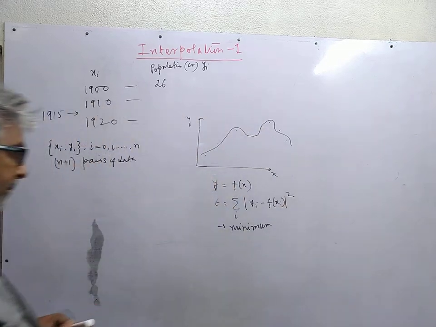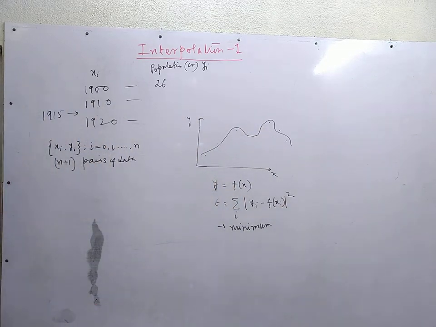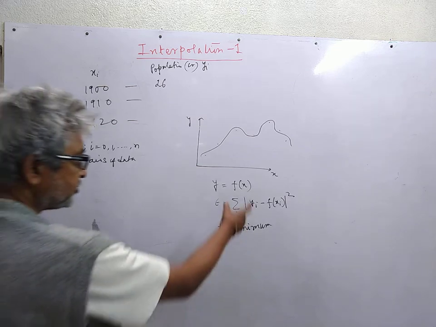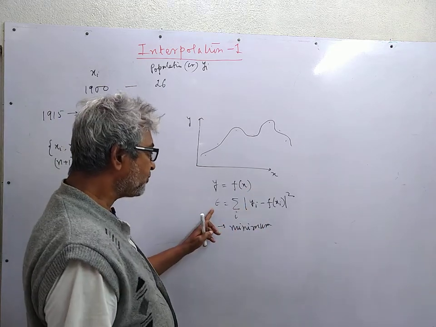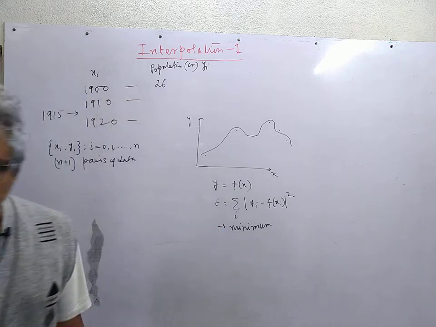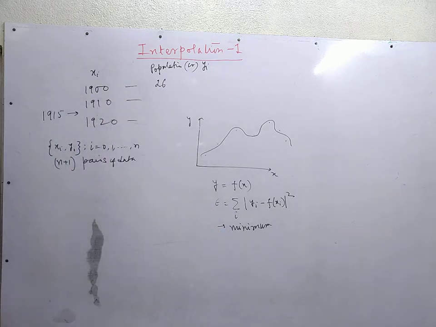This is the principle of curve fitting, and we have heard about the least square fitting technique, in which the parameters of function f are adjusted so that the sum square error is the minimum possible for the given set of data.